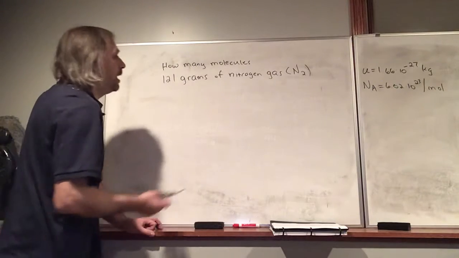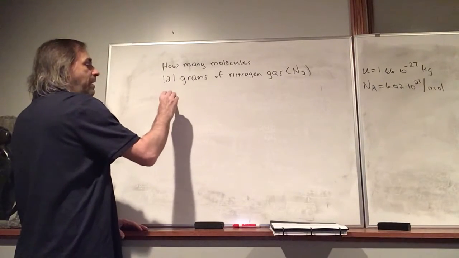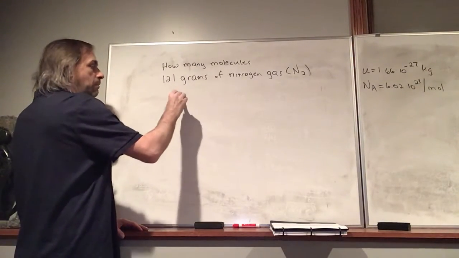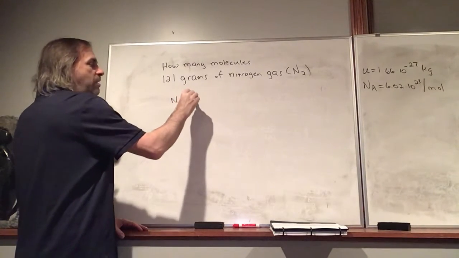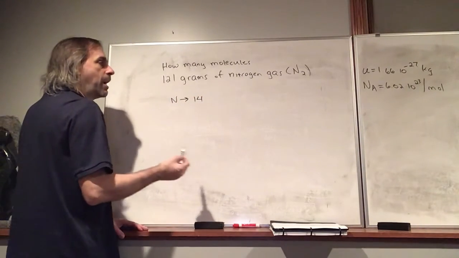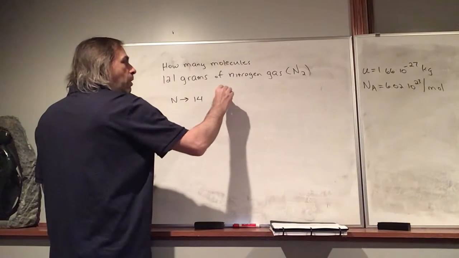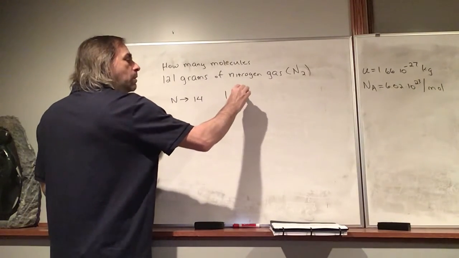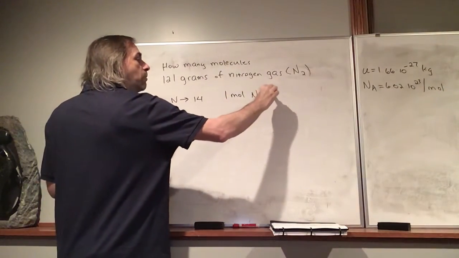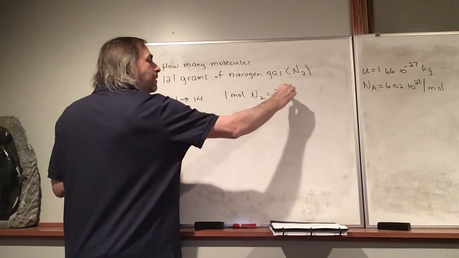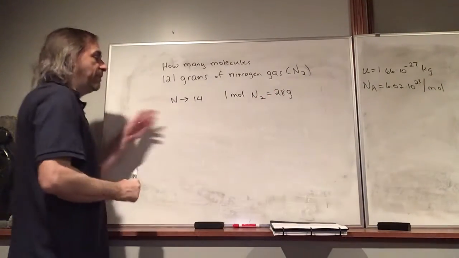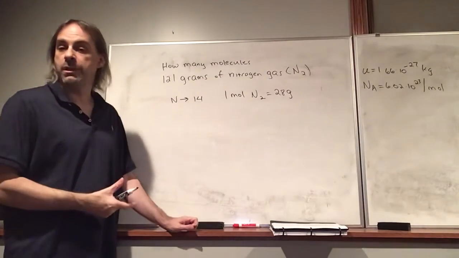Okay, so we've got a nitrogen atom, which would be around 14 on the periodic table. So we know 1 mole of N2 would be 28 grams. We have 2 atoms, each has a mass of 14.